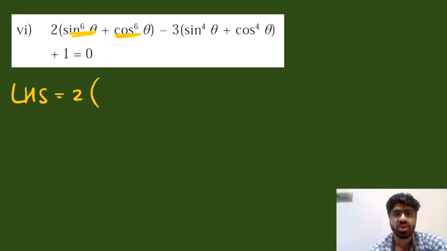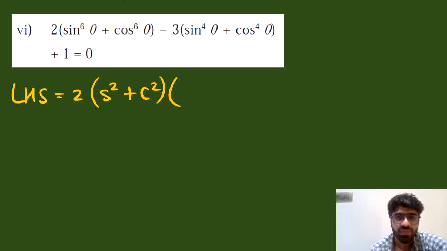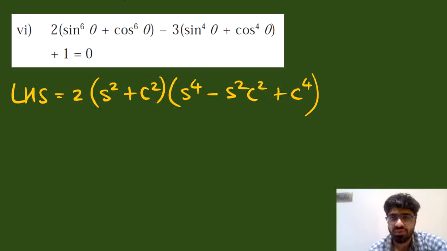So a cube plus b cube, we can apply the formula of a plus b. So 2 times a plus b, that is sine square theta plus cos square theta, into a square, that is sine square theta the whole square, which is sine power 4, minus ab, that is minus sine square theta cos square theta, plus cos square theta the whole square, that is cos power 4 theta, minus 3 times sine power 4 plus cos power 4 theta, plus 1.